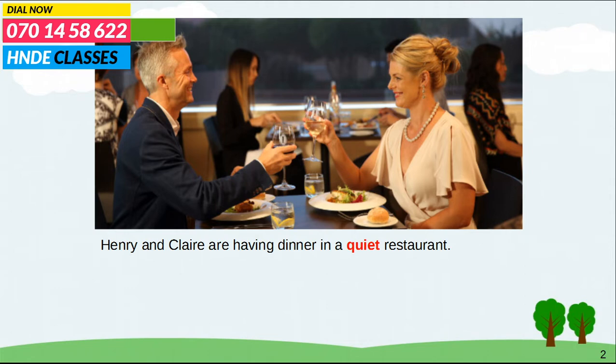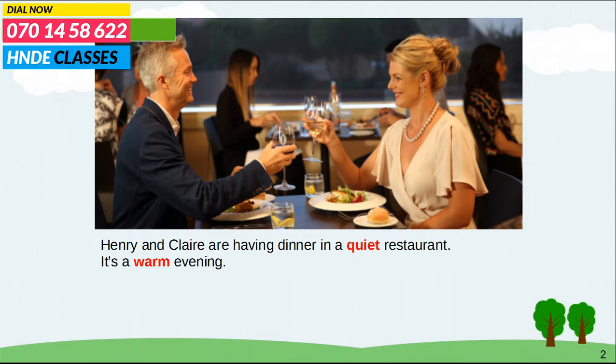Henry and Claire are having dinner in a quiet restaurant. Quiet restaurant. What sort of a restaurant? Quiet restaurant. So quiet is an adjective since it describes the noun restaurant. It's a warm evening. Here evening is the noun and warm describes what sort of evening.